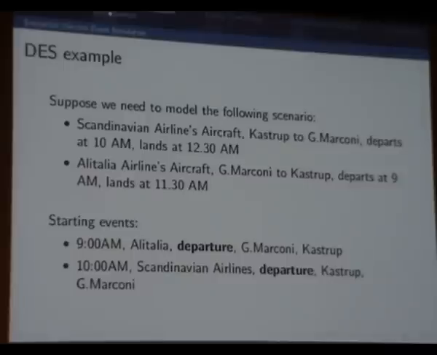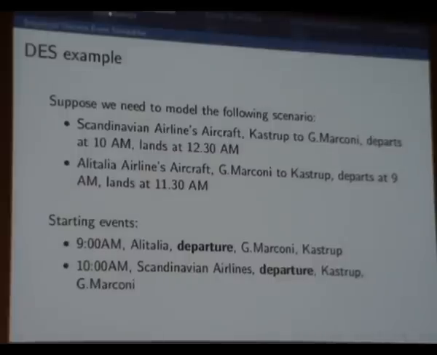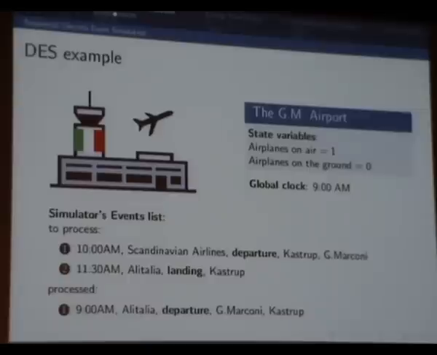So obviously the starting events will be the departure events. The first one is the departure of the Alitalia flight, exactly. And we have the processed event in the bottom.